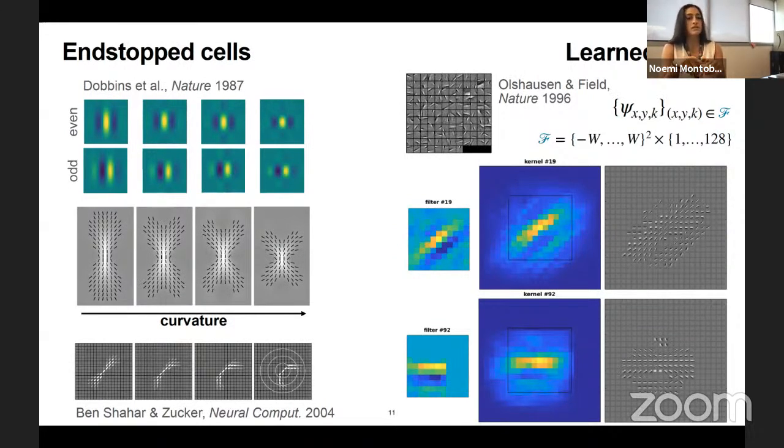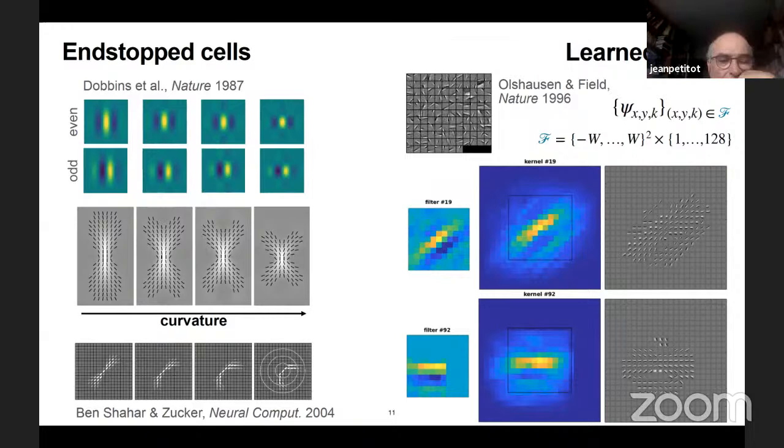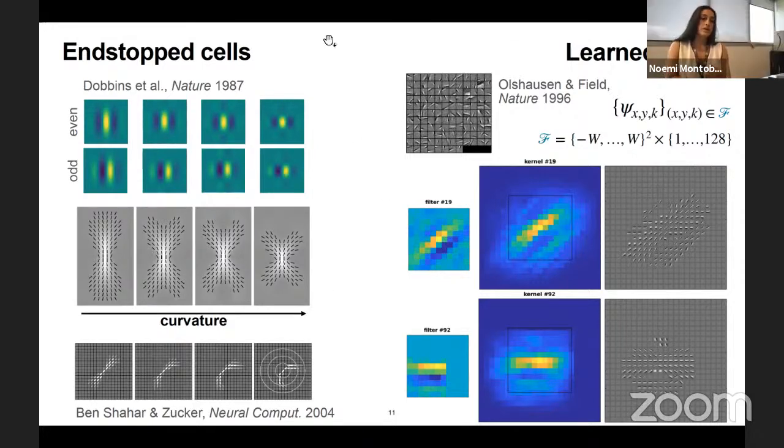So these kinds of cells have been shown to react to curved stimuli, and previous work has analyzed the relationship between the length of the filter profile and the curvature of the stimuli. So we considered different families of end-stopped cells with different lengths, and we obtained curved association fields with curvature increasing with decreasing length of the filters, consistently with previous findings.